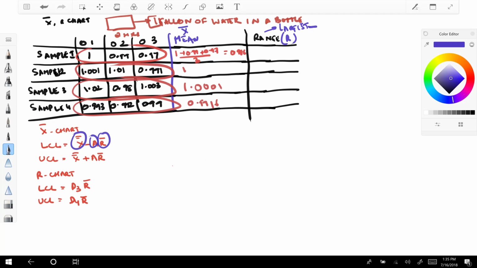The largest value in the first sample is 1 and the smallest is 0.97, so that would be 0.03. In the second, the largest is 1.01 and the smallest is 0.991, so the difference of those two would be 0.019.